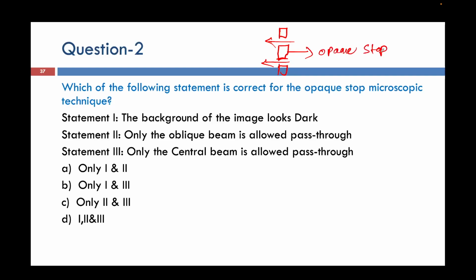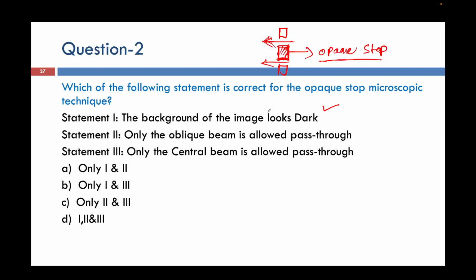That is known as the opaque stop, and this microscopy is known as opaque stop microscopy. In this technique, the background of the image looks dark. If we are not allowing the central portion of our light, that means we are blocking a large portion of our undeviated light, so the background will be dark. So statement 1 is correct.